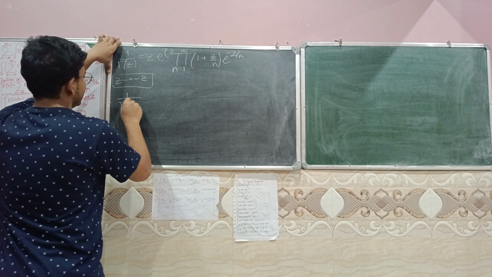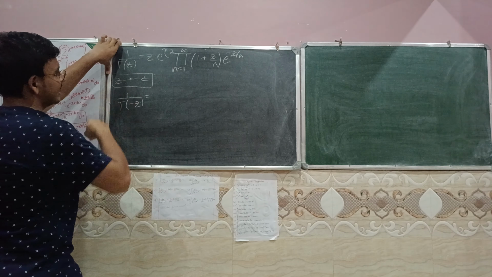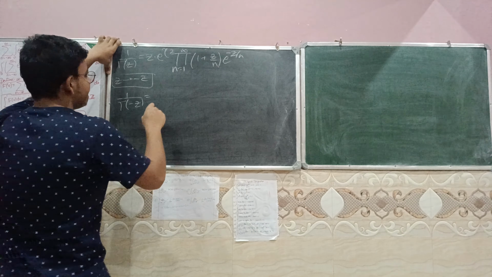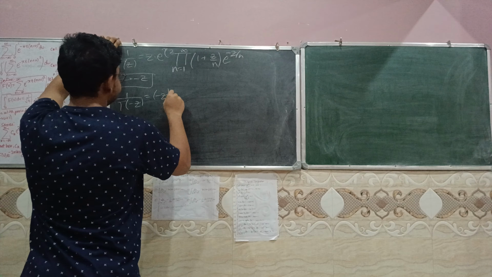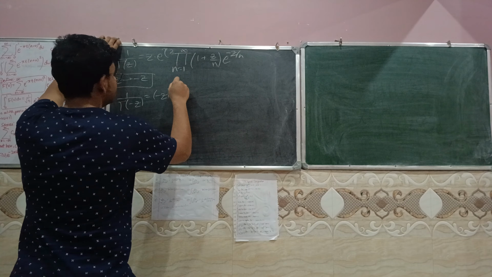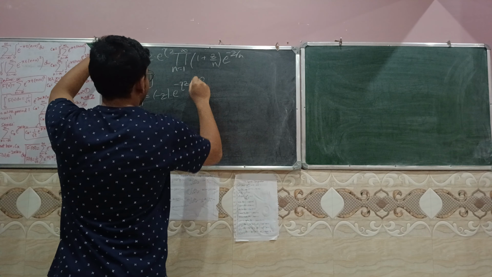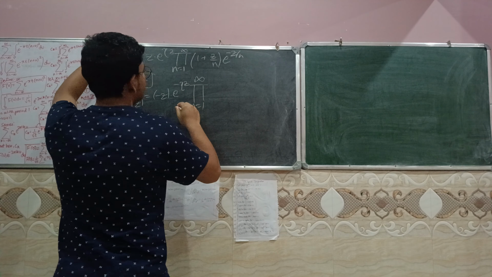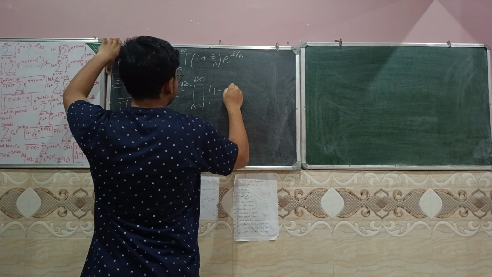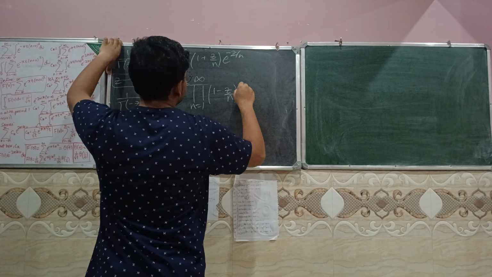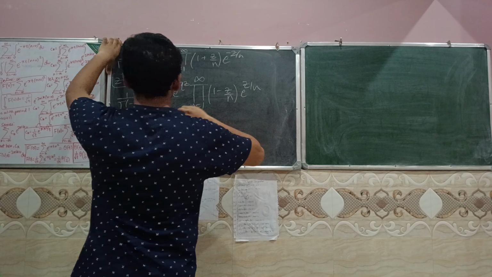So we have gamma of negative z, because we replaced z with negative z here, and this is negative z times e to the negative Euler-Mascheroni constant times z times the product as n goes from 1 to infinity of 1 minus z over n times e to the z over n.